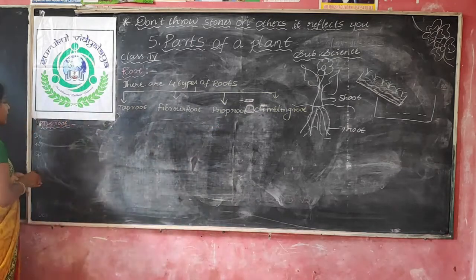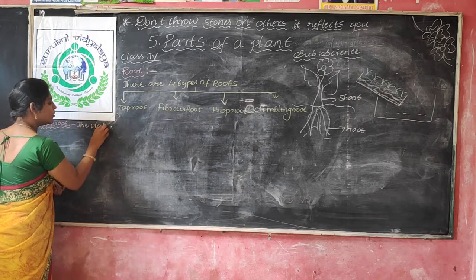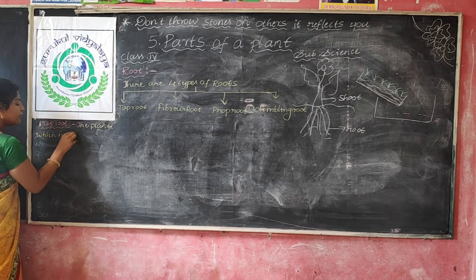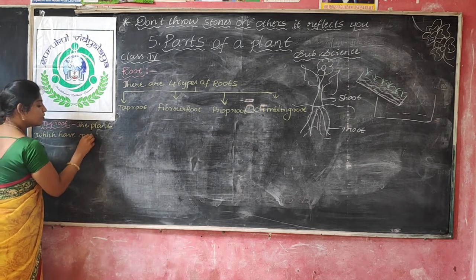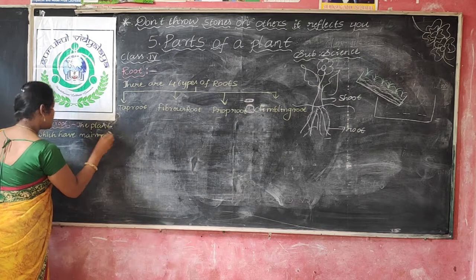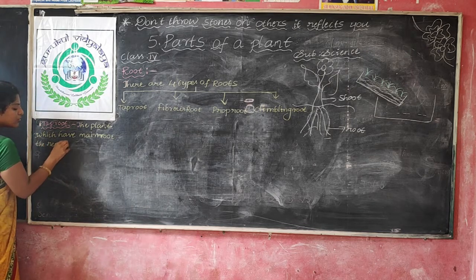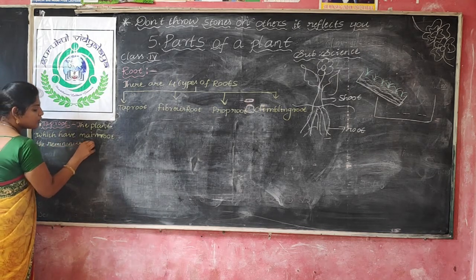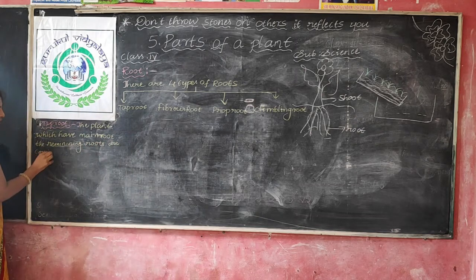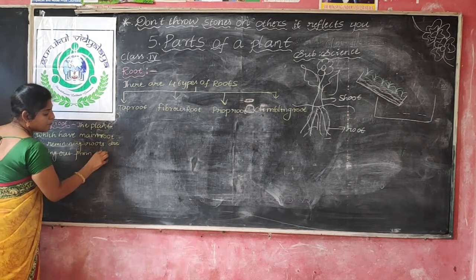What is taproot, ma? The plant which has a main root, and the remaining roots are coming out from the main root.